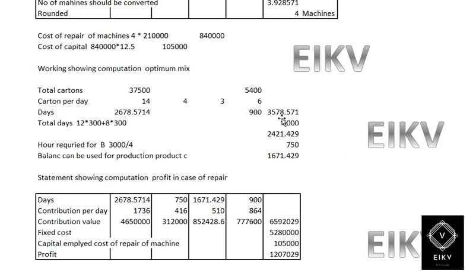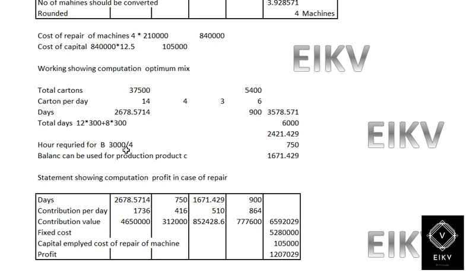The total days will be 3,578.57. Total days available is 12 into 300 plus 8 into 300, that is 6,000 machine days. When we deduct 3,578 from 6,000, we will get 2,423.42 days.